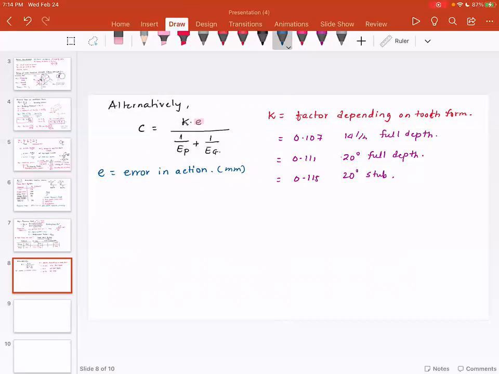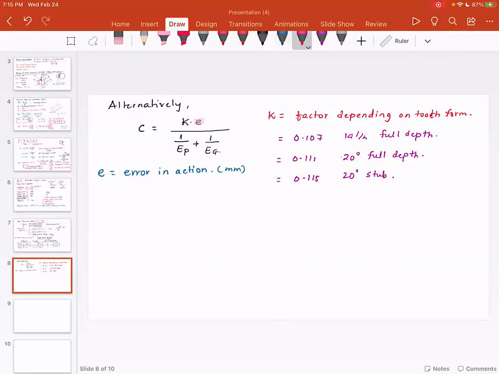For a large gear, error in action increases, because when we try to cut a large gear, the possibility of making tolerance errors or tolerance stacks is quite high. So this error in action depends upon whether we have a gear pair rotating at low speed, or a gear pair with a high pitch line velocity, and what the module is.